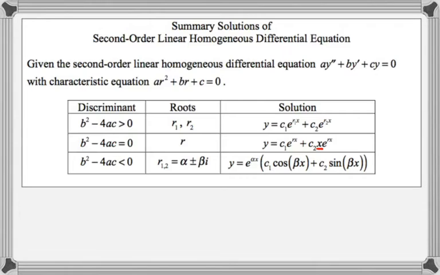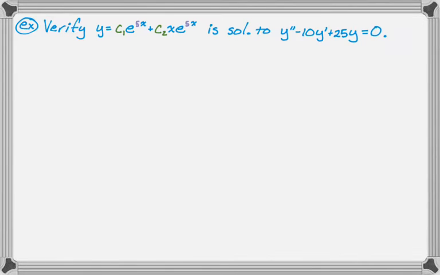I've always found it a little surprising that it works, that you just multiply in an x. So I think a good place to start is verifying a solution. I already solved this differential equation, and my solution is c1 e to the 5x plus c2 x e to the 5x. We want to verify that that's a solution to y double prime minus 10y prime plus 25y equals 0.